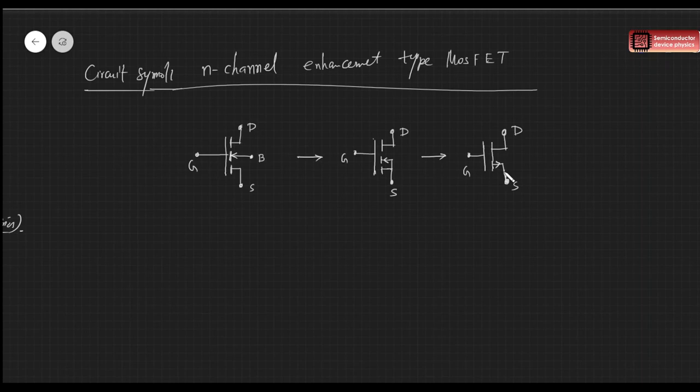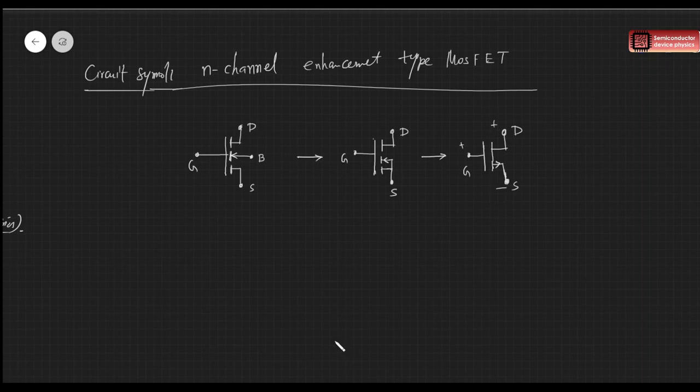If you see in active mode operation, the current flows from drain to the source. Usually we bias the source as negative. This will be positive, right? So the current flows from drain to the source.